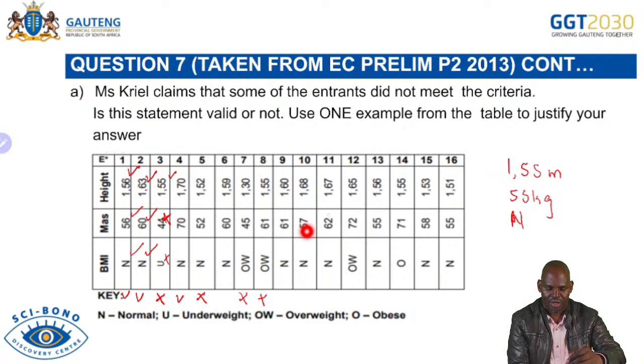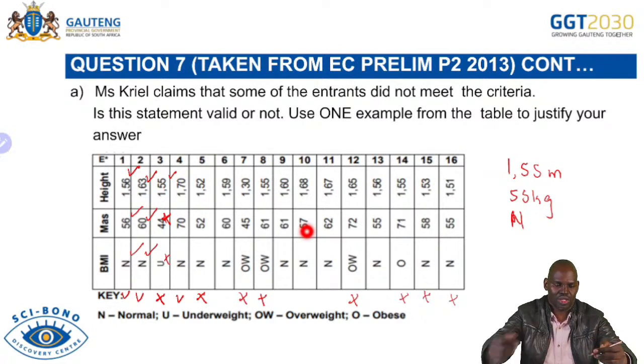Then 11, it's also in. 12, out. 13, in. 14, out. 15, also out because of the height. And then 16, also out because of the height. So that is what, but in this case, the examiner was only looking for one example, but we've got more than one example there. So yeah, we just needed to check that.